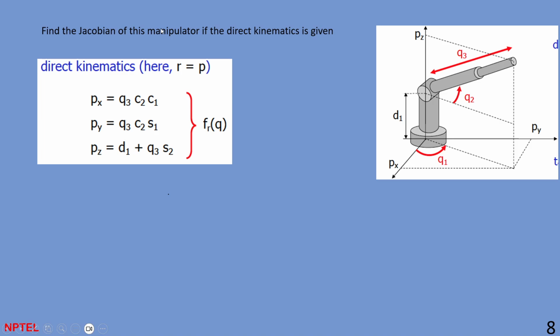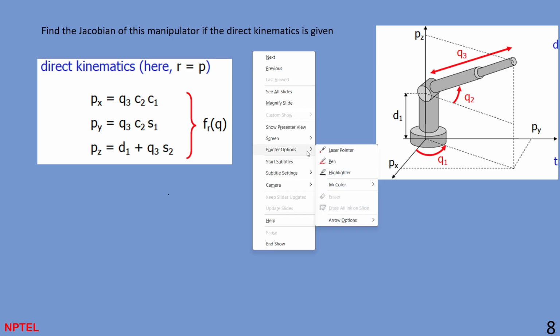When the question says find the Jacobian, you need to understand the definition of Jacobian. Jacobian is basically a linear mapping between a small change in input and output. That's the physical definition.